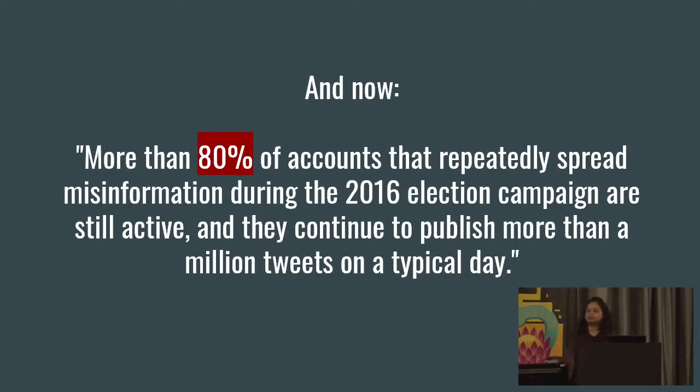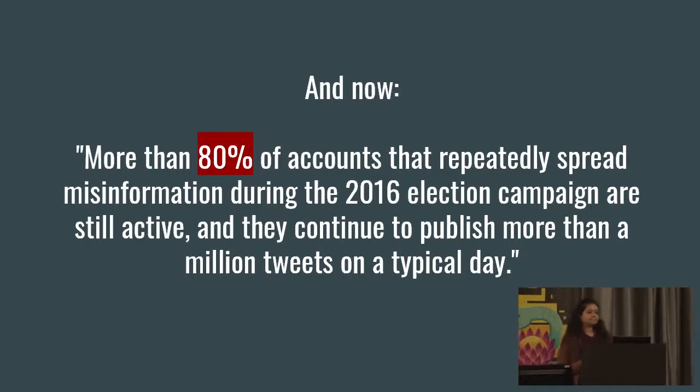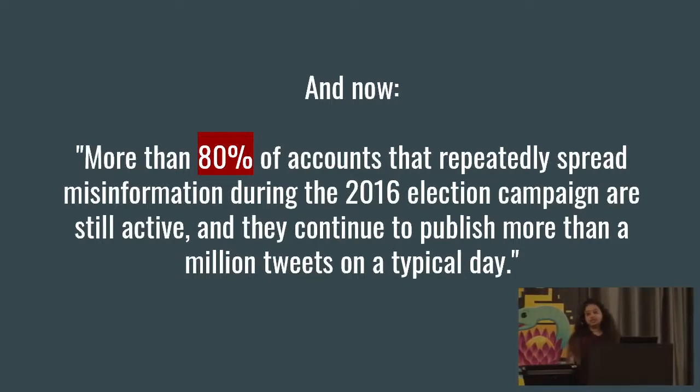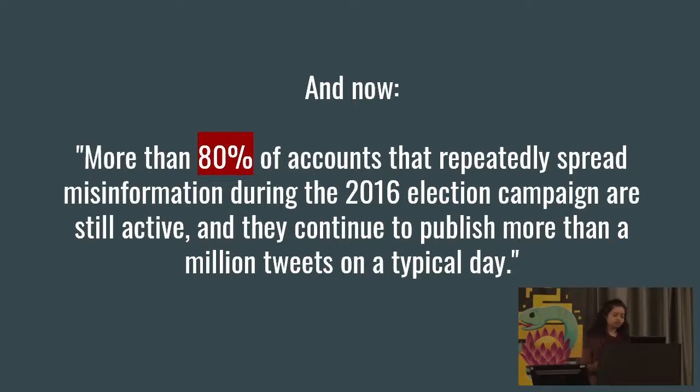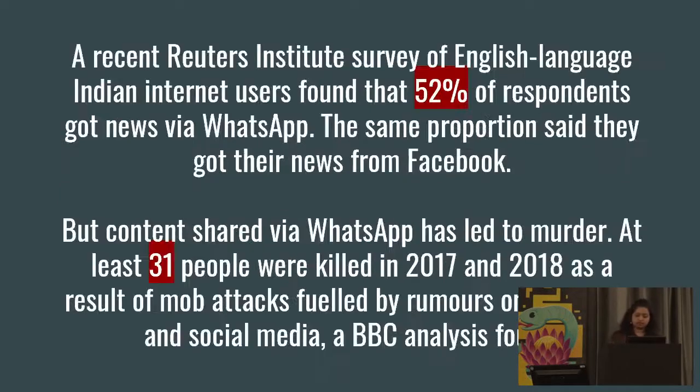But this is the situation today. Almost 80% of these accounts are still active. This means that social media organizations are not always proactive in countering these problems. So the onus lies on individual action and governments. But governments have other different problems to worry about, which brings the onus to us as individuals.